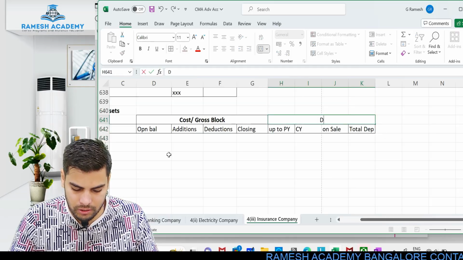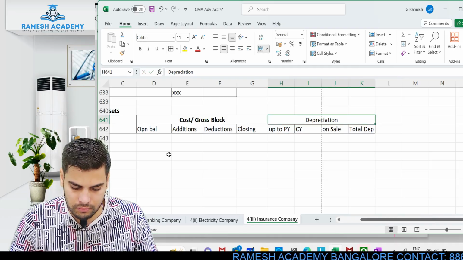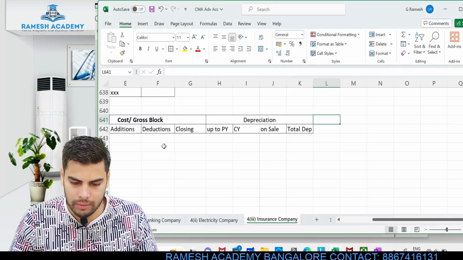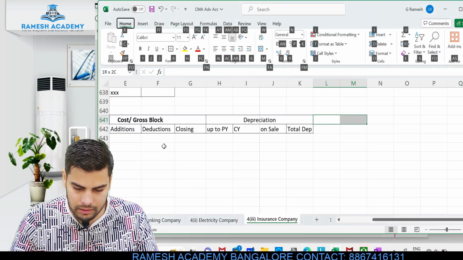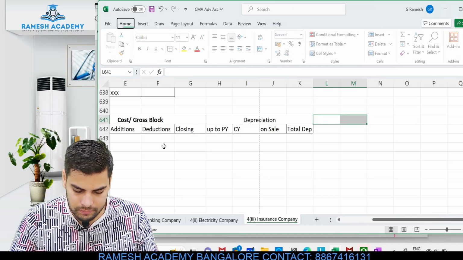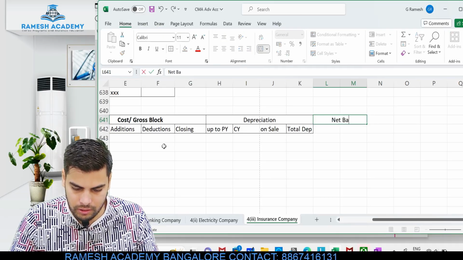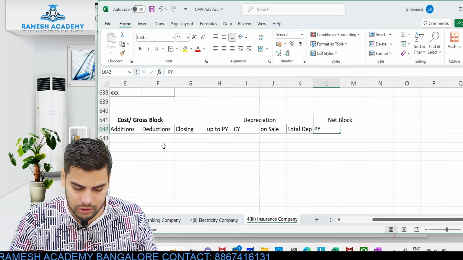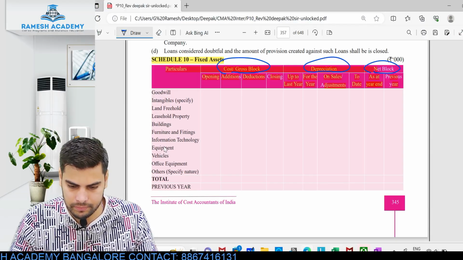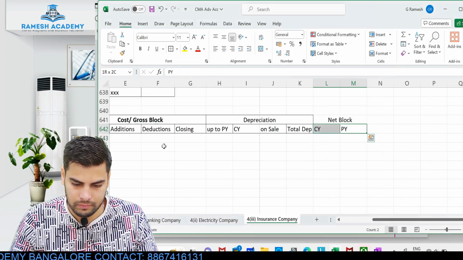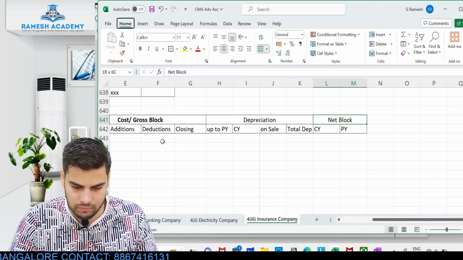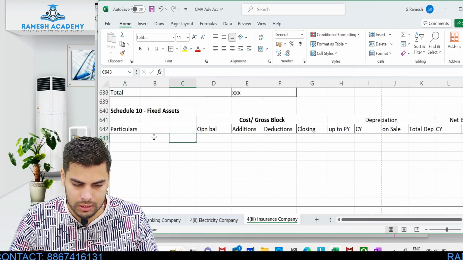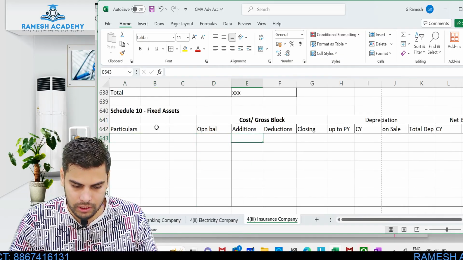This would be your depreciation. Once you are done with this, we will get to know the net block, as on the previous date and current year. This would be your net block. First you will be showing the current year and then the previous year. Below this, category wise, each and every asset you will be showing separately.